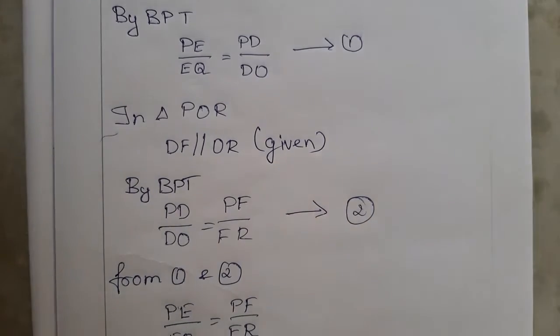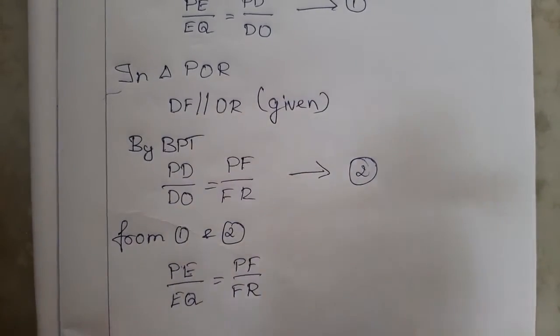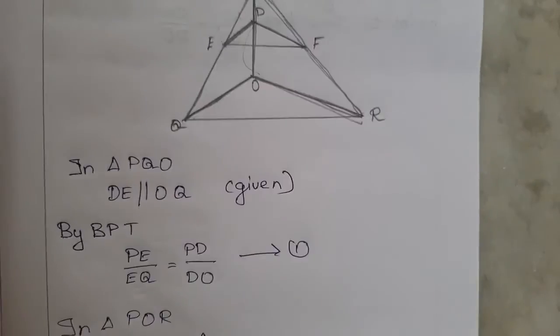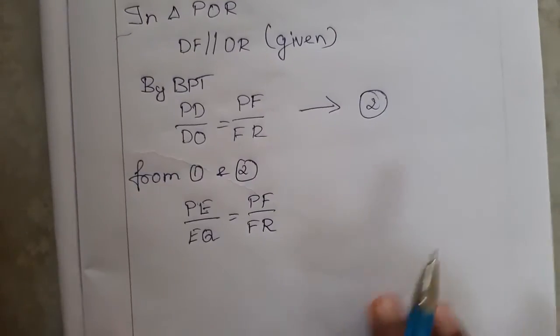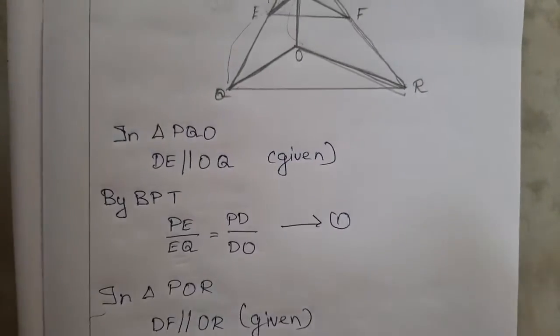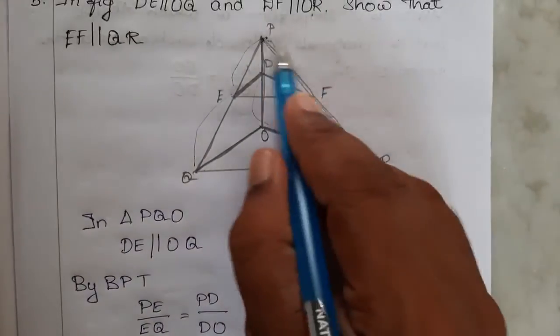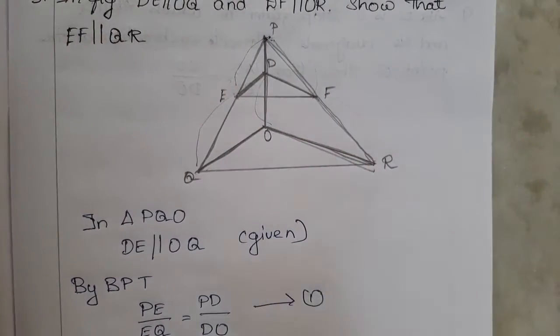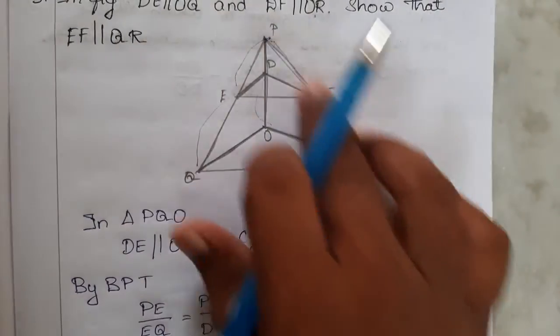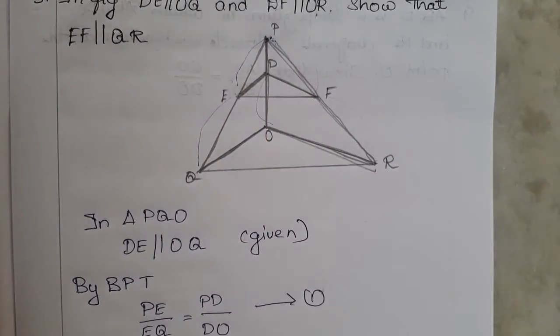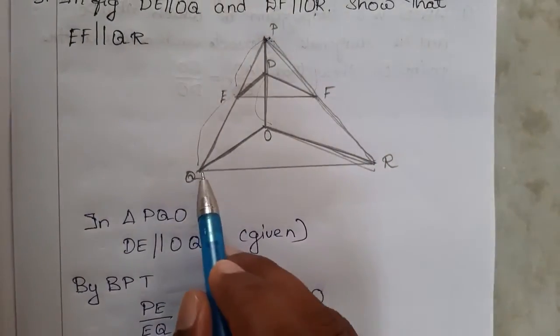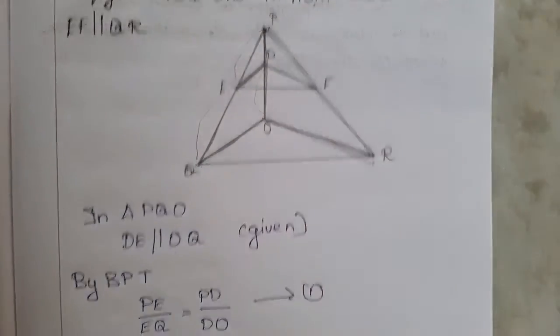So let me see whether PE by EQ forms the sides of a triangle. PE by EQ, yes, and next is PF by FR. Then by the converse of BPT, we can say if the sides are in the same ratio, then the joining line is also parallel, right? So here QR is parallel to FE.